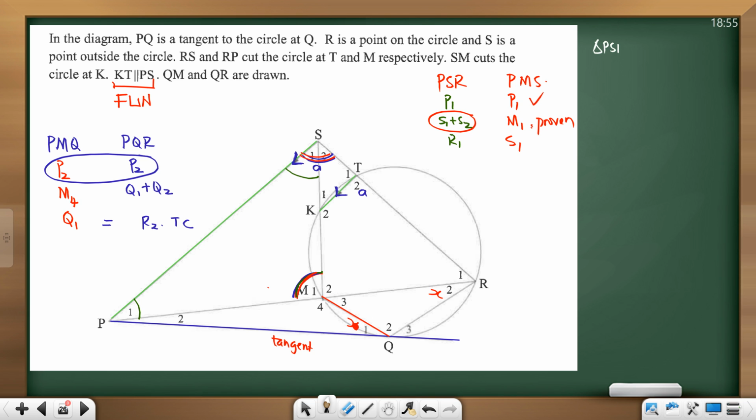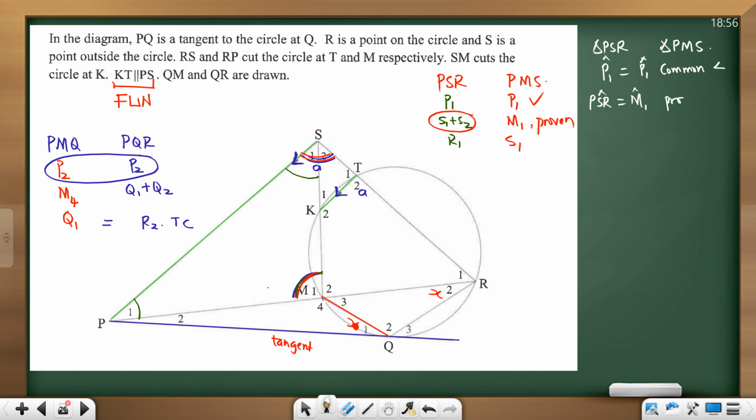So what do we say? Triangle PSR, we are comparing that to triangle what? PMS. Angle P1 is equal to angle what? P1. What do you say? Common angle. S1, or we can call it PSR since we used it earlier, is equal to what? M1.